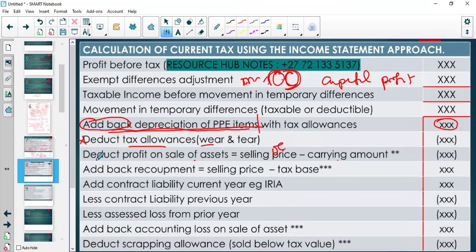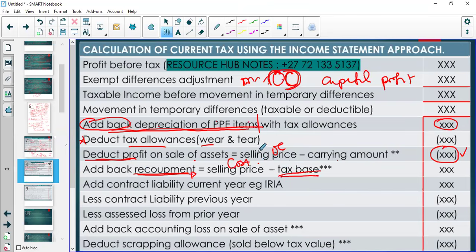That profit should be removed because SARS doesn't want that profit included like that. So you must remove it. That's why we subtract it. And SARS says you must add back what is referred to as recoupment. Recoupment refers to the selling price limited to cost minus the tax base.